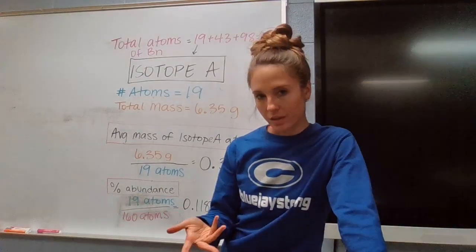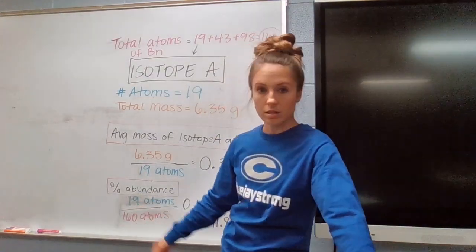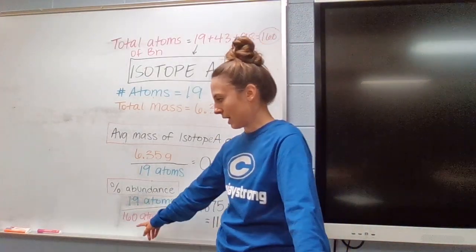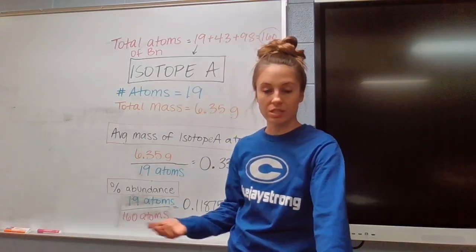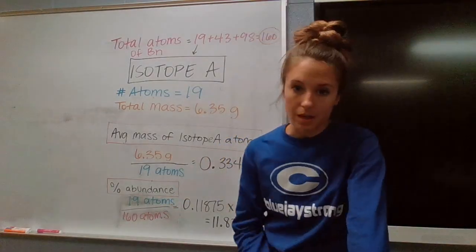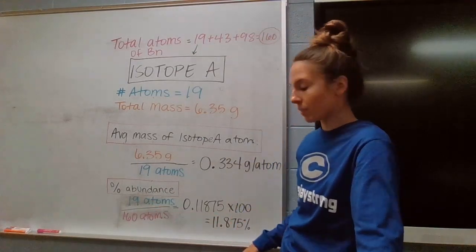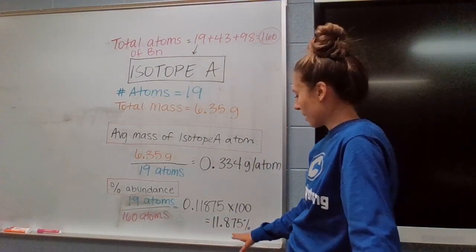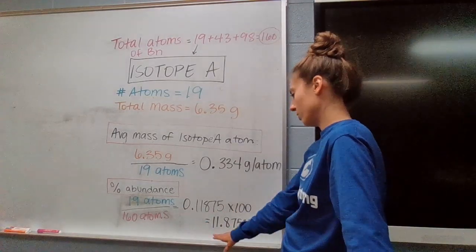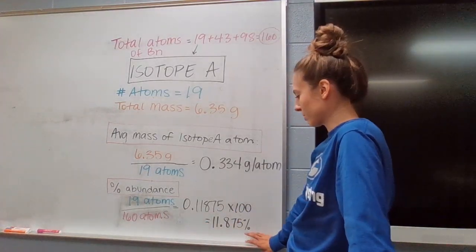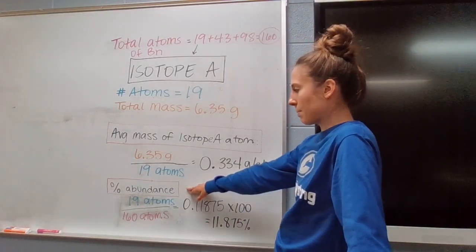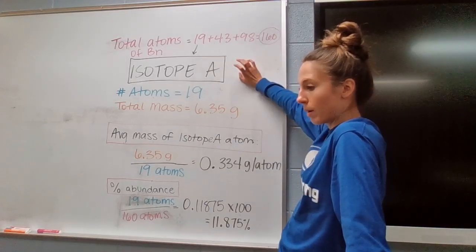Remember, when you count something, like we counted 19 atoms, and we technically counted out the total of 160 atoms, those are exact numbers, so we don't count those when we're looking at sig figs. So just keep all the decimals. When we multiply this by 100, you get 11.875%. So that's the percent abundance for isotope A.